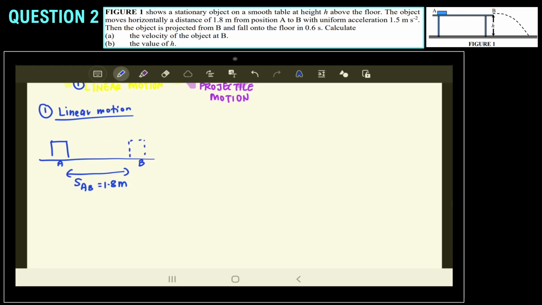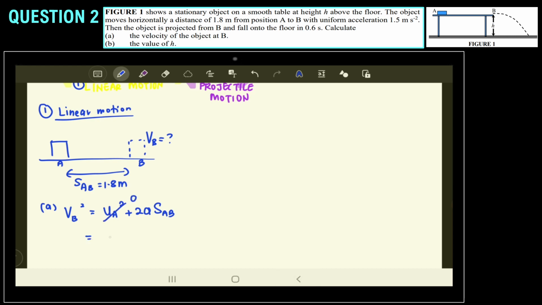So now we can calculate by using the equation of kinematics of linear motion. I want to find VB, the final velocity at point B. So VB squared is equal to UA squared plus 2AS from A to B. Since the object starts from rest, UA is equal to 0.